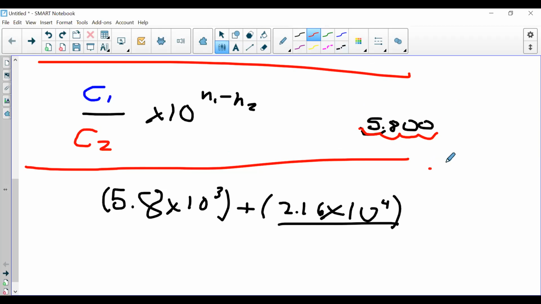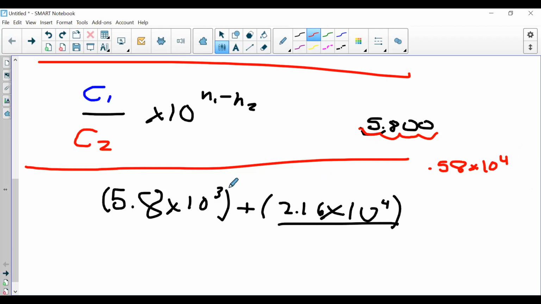And so my new thing will be 0.58 times 10 to the fourth. So what this generally means you will do is you will end up decreasing the size of your coefficient to increase the size of the exponent. Does that make sense?